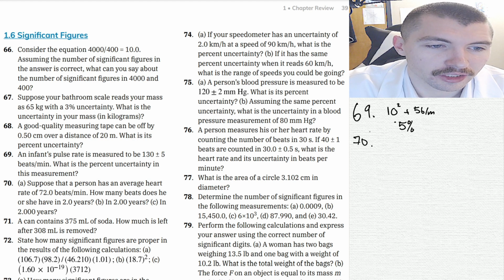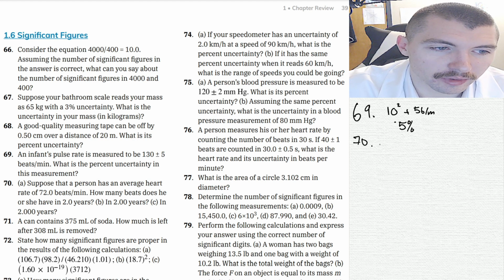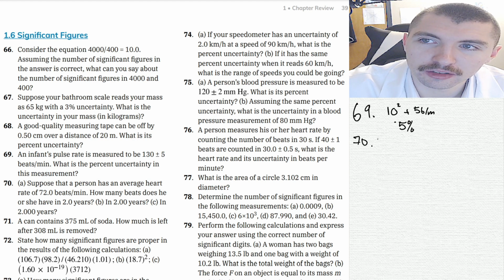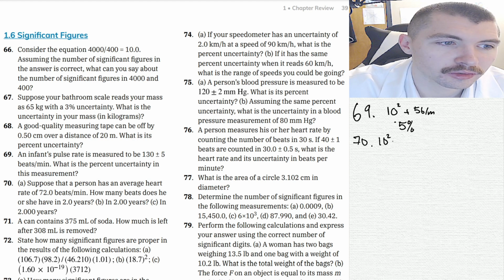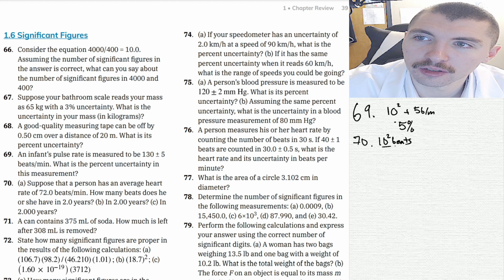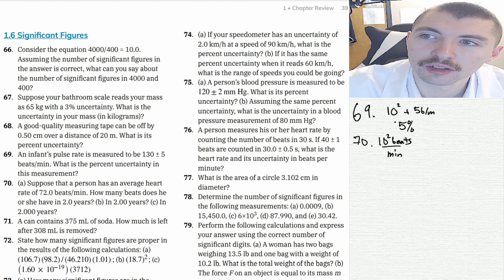Suppose that a person has an average heart rate of 72 beats a minute. How many beats does she have in 2 years? Okay, so beats a minute, that's about 10 to the 2 beats a minute. So we want to convert minutes to days. I'm sorry, we want to convert minutes to hours.